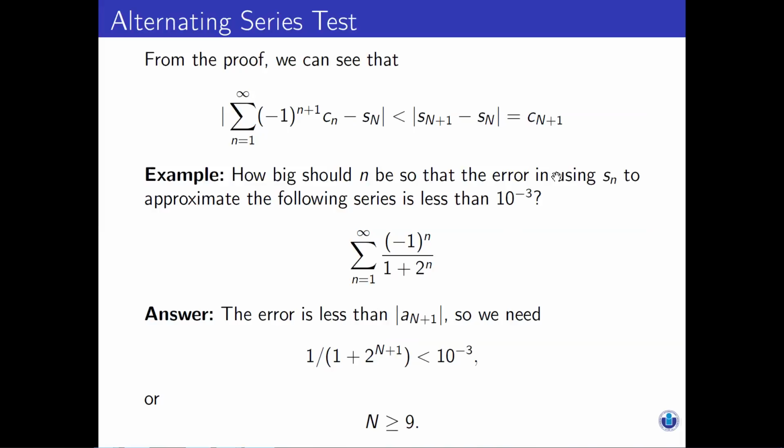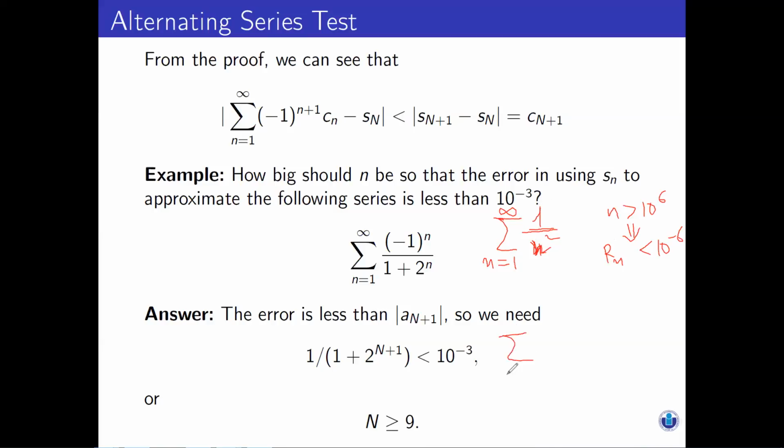So remember, for this series, we have shown that if n is bigger than a million, then Rn is less than 10 to the power minus 6. Right? We used the remainder estimate for the integral test to prove this.